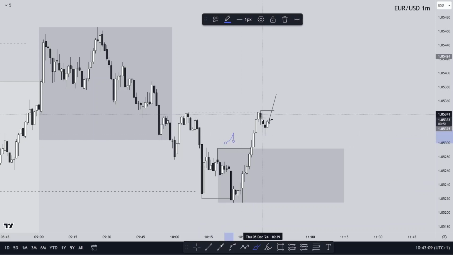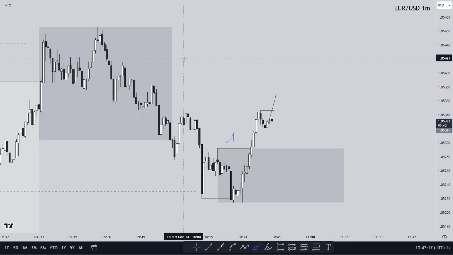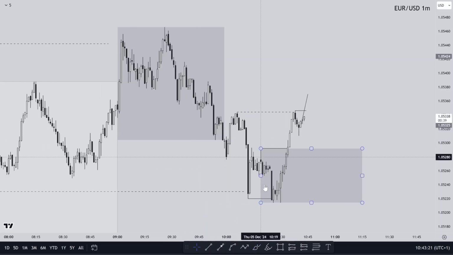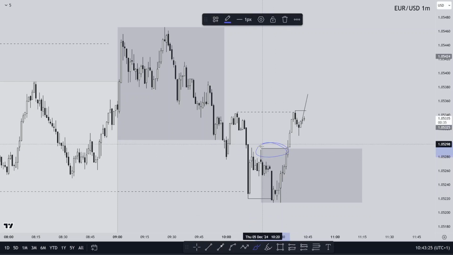If price comes back in this zone, it's possible for it to react to the upside, but this is not my main setup, because after the first break of structure it could be just a kind of manipulation to the upside, or a way to take liquidity as price did here. So it can still go downside.